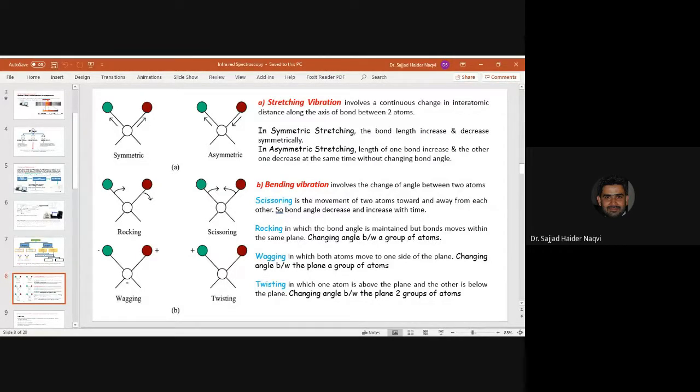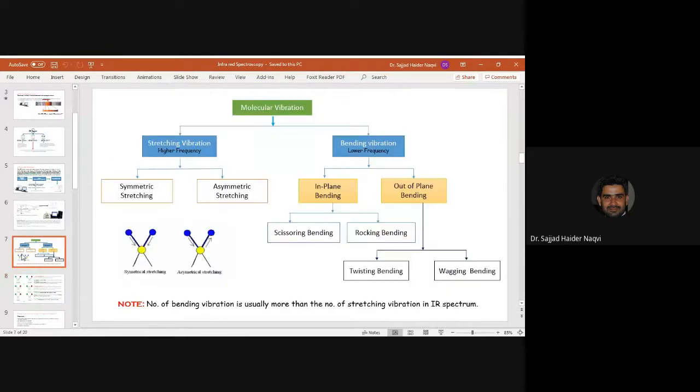So today we're most probably going to finish up the infrared spectroscopy, just to connect with what we discussed last time. If you remember, in infrared spectroscopy, I said the basic concept is that when the infrared radiation passes through the sample, a particular amount of it is going to be absorbed. As a result of that absorbance, the molecules that absorb the light will undergo either stretching vibration or bending vibration.